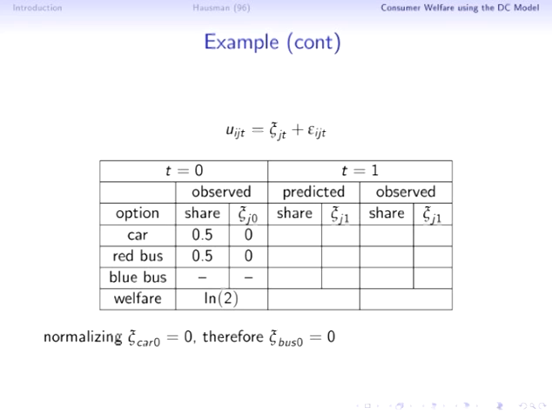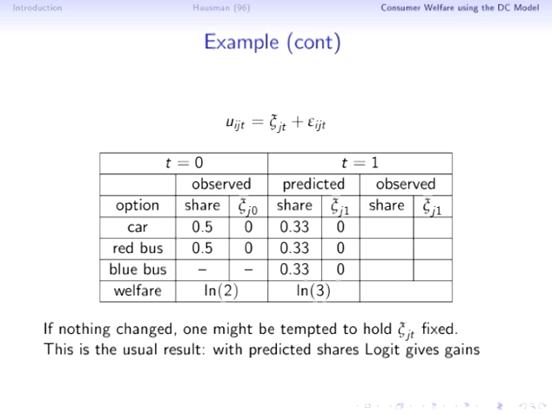Now let's look at introducing this new option. I'm going to separate between the predicted, what the Logit model would predict, and what we actually observed if we actually had data. So let's start with the predicted. Now that you introduce a new option, car definitely didn't change, so that should be 0. Here I'm actually going to work not from the shares but from the psi's, and then figure out what the shares should be.